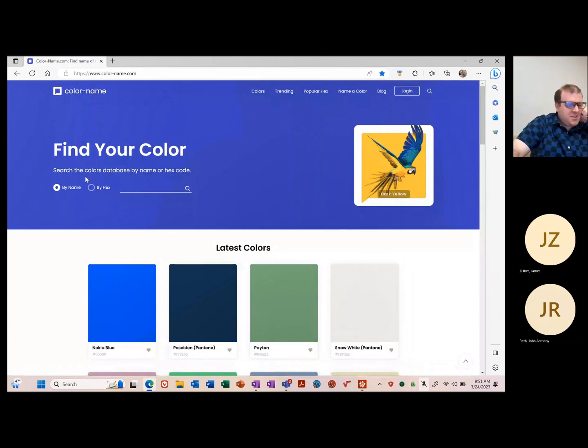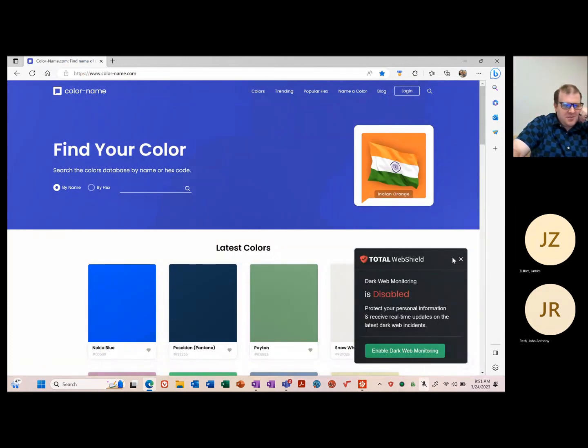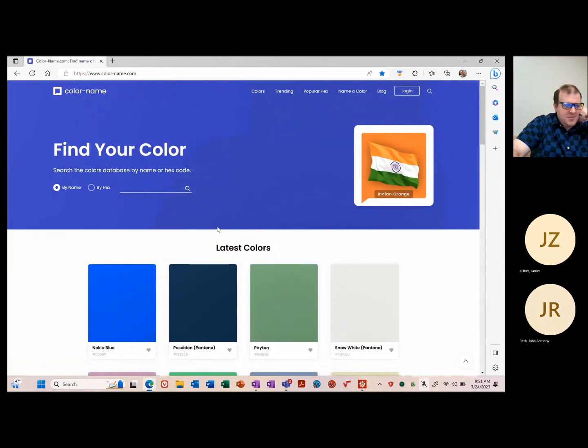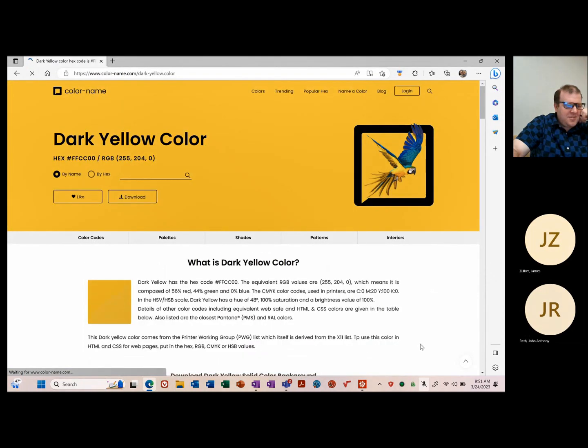Let's find some interesting colors. Saw a bird up there. I want that bird. Come back. Let's make one of them dark yellow.